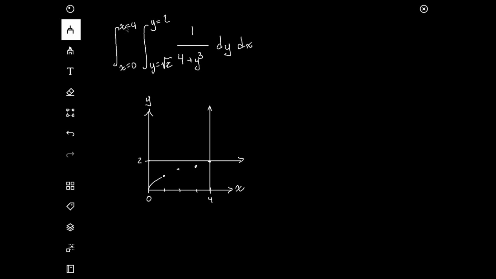And we can go ahead and draw this sideways parabola. All right, so let's go ahead and label this line right here, y equals square root of x, right? Okay. This was y equals 2, this was x equals 4, and over here we have x equals 0, but that's just the y-axis.